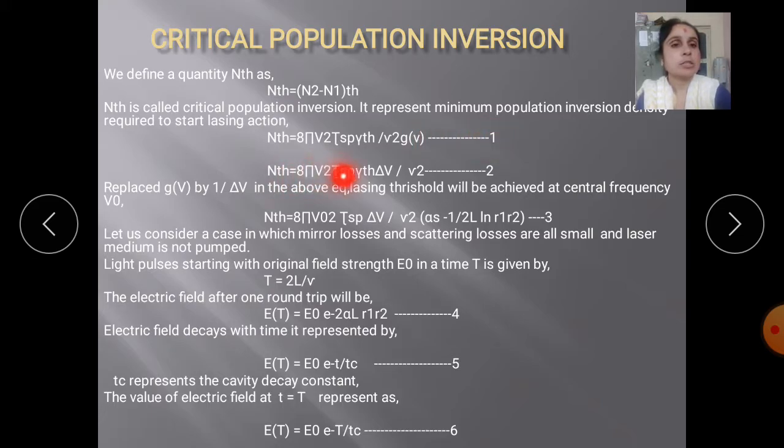So, N_th is equal to 8 pi v squared times t spontaneous gamma_th delta v by v squared, where delta v is the frequency separation between two points.